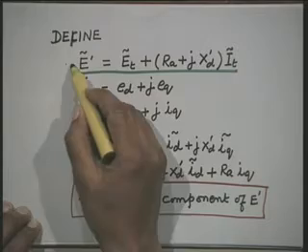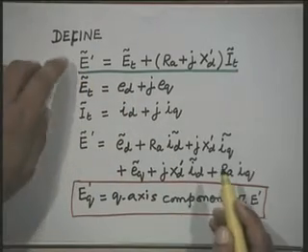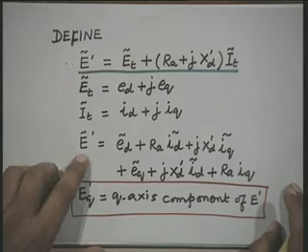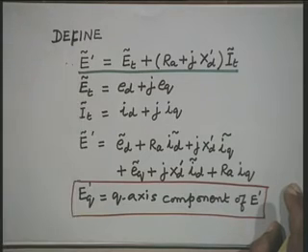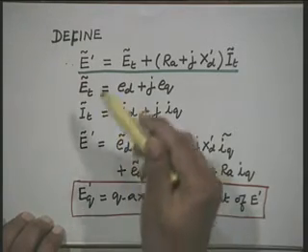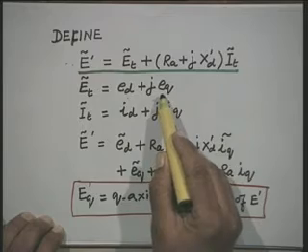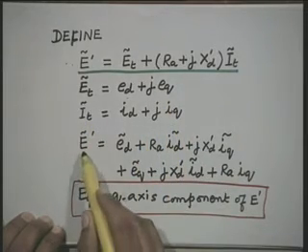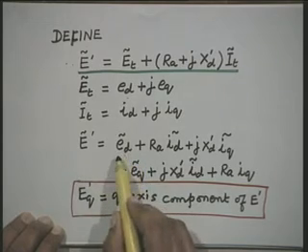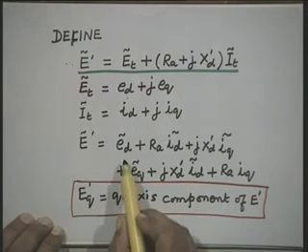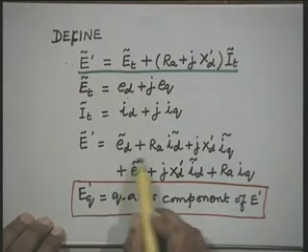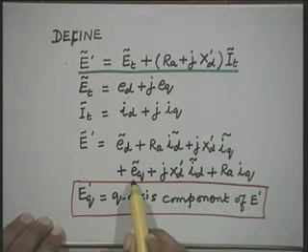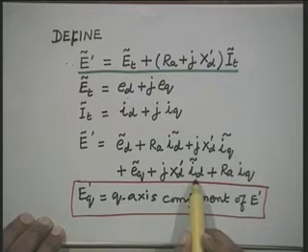This voltage can be simplified and expressed in the form, you just make the substitutions. ET can be written as ED plus j times EQ, IT can be written as ID plus j times IQ, and therefore this E prime can be written as ED plus RA ID plus j times XD prime IQ plus EQ plus j times XD prime ID plus RA IQ.